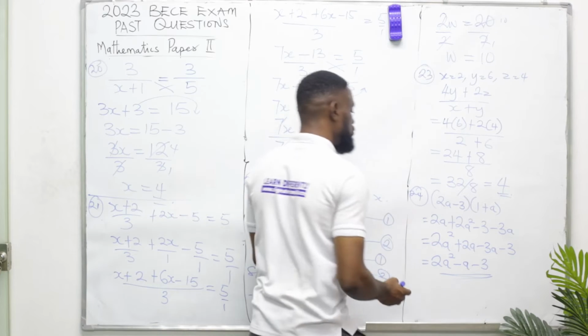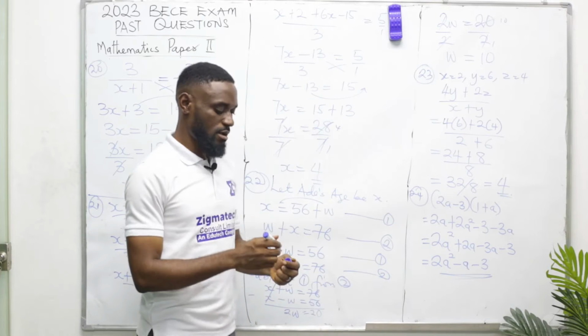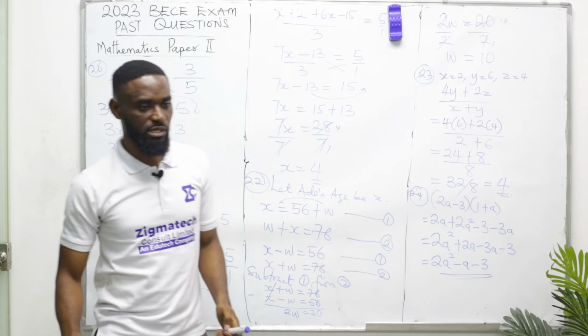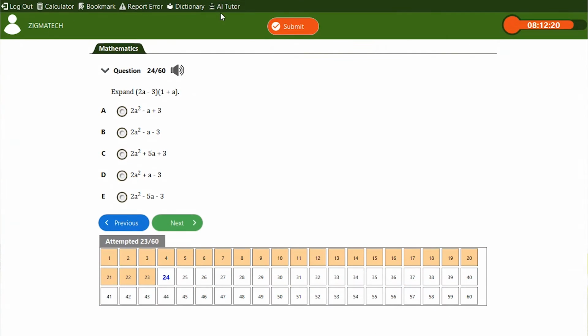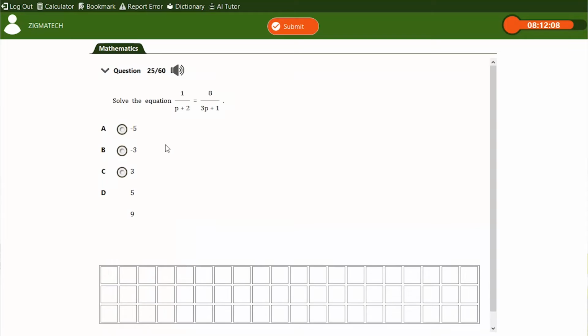So 2a squared minus a minus 3. All right, so what is the option? Option B, 2a squared minus a minus 3. Option B is correct. So let's go to the next one.